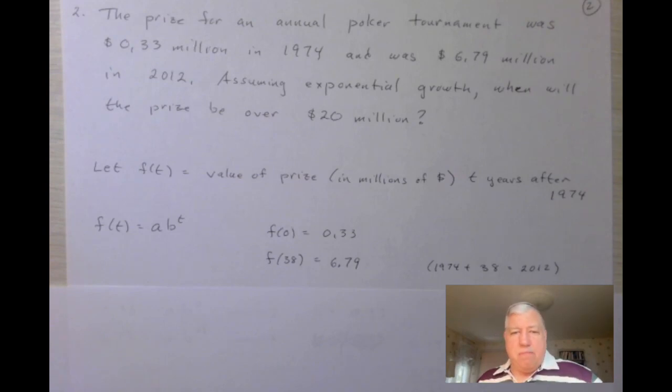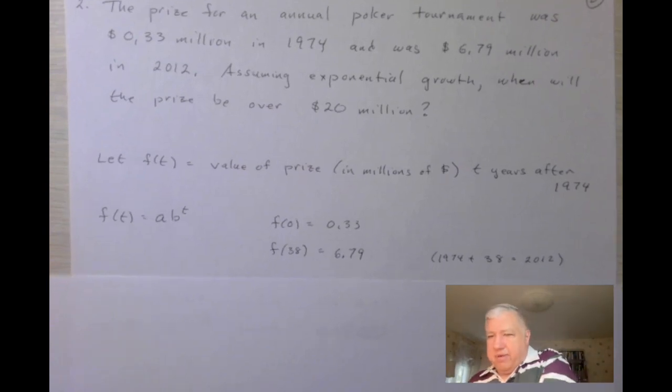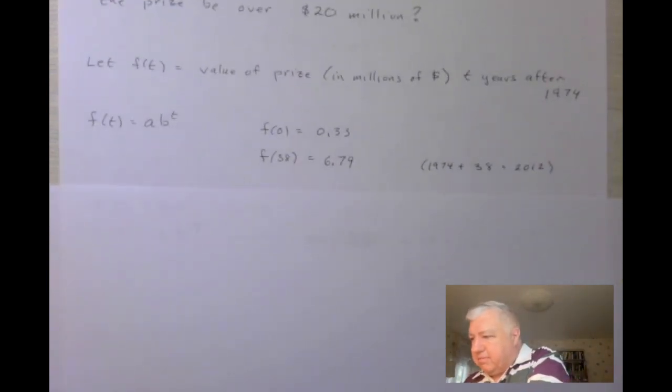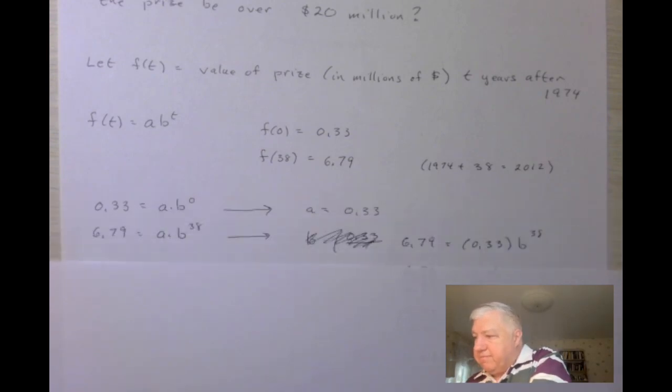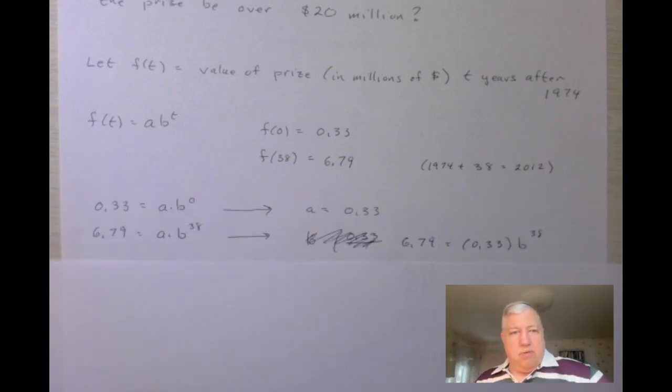And then we go about solving for a and b like we did in the last lesson. We get these two equations. Substituting in, 0.33 equals a times b to the 0. b to the 0 is 1, so a is 0.33. Then we substitute that into the second equation, and we get 6.79 equals 0.33 times b to the 38.